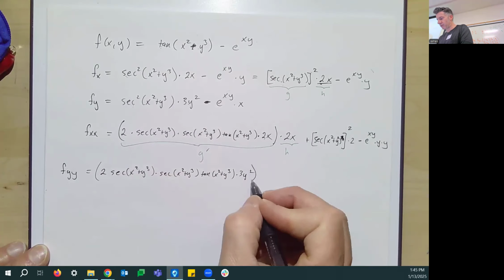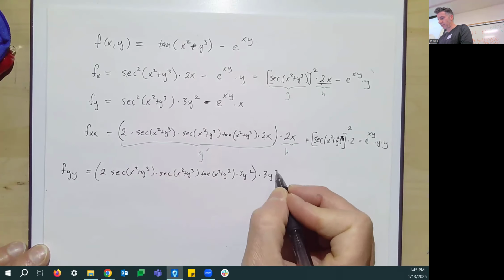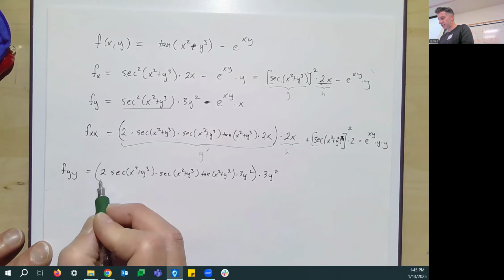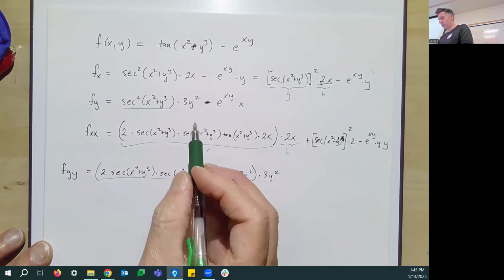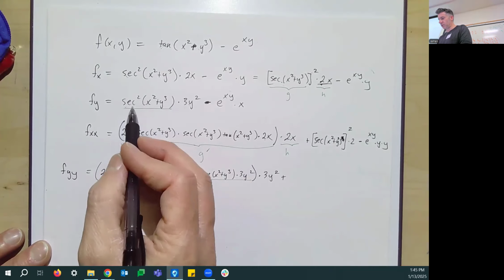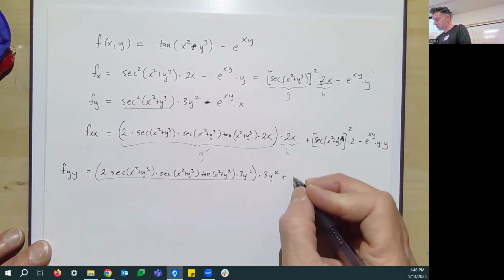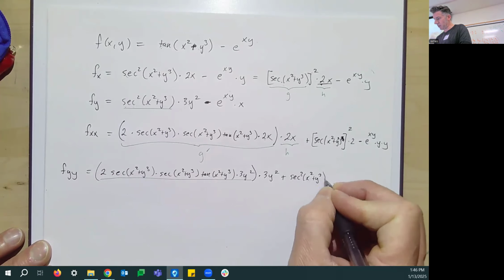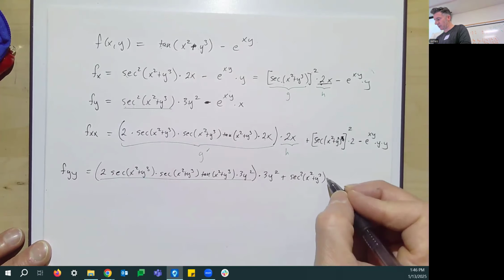All that times 3y squared. When we switch things up, we leave the secant squared of x squared plus y cubed alone. We multiply by the derivative of 3y squared, which is 6y.